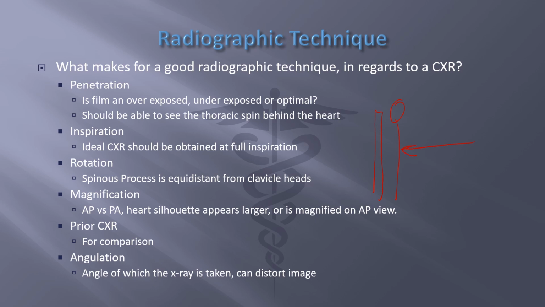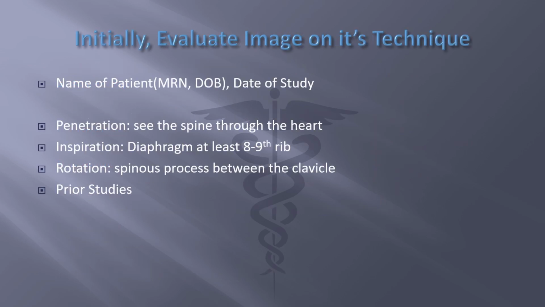But sometimes the patient's in bed, or the X-ray machine might come in at an angle, and that can cause an angulation of the image on the back of the board, which could change the way things look. I'll point those out as we come across those examples. For our purposes, we're just really going to concentrate on the penetration, inspiration, and rotation of the X-ray.